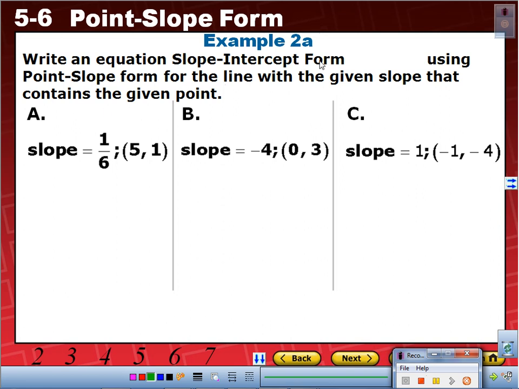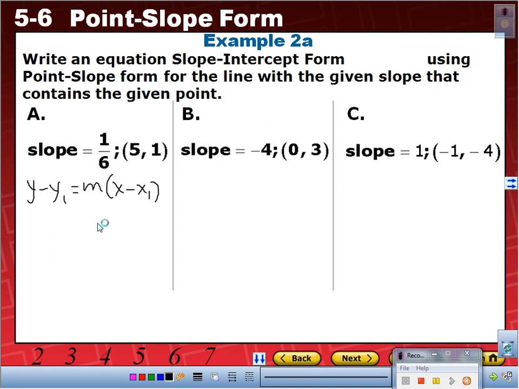So, to write an equation in slope-intercept form, first of all, we need to write our point-slope form. Our point-slope form we know is y minus y1 equals m times x minus x1. Remember that? So we got that so far. Now, do they give us any information? Yes, they give us the slope, and they give us 1 point.